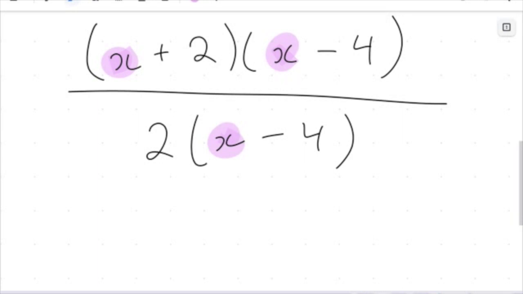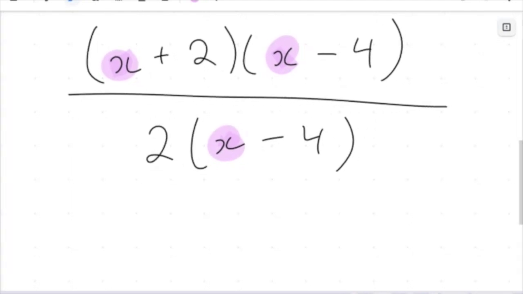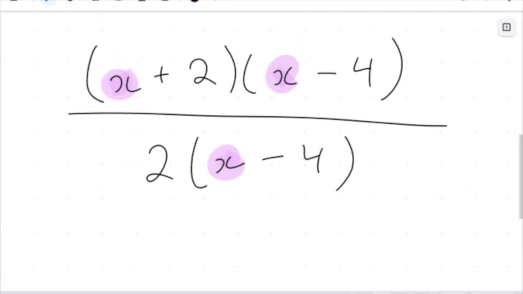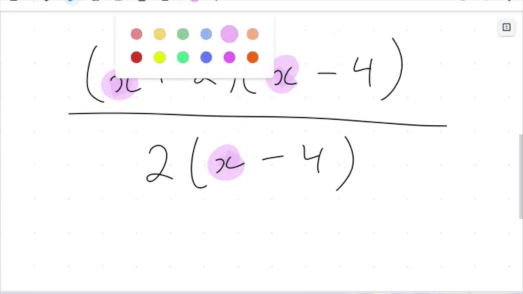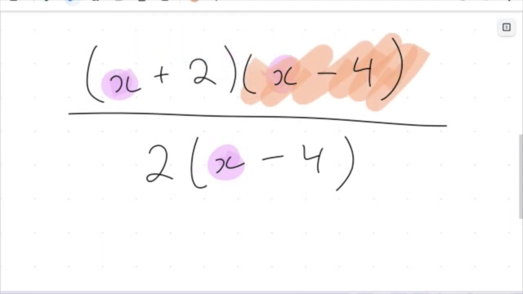So here, what this is essentially saying is some number plus 2 times some number minus 4, that same number minus 4, as a fraction over 2 outside of the same number minus 4. Even though we don't know what this number is, we know that this entire expression up here, x minus 4, is the same as this one down here. Because if the x's are the same, x minus 4, top and bottom, means the same number. So those are going to get cancelled out.